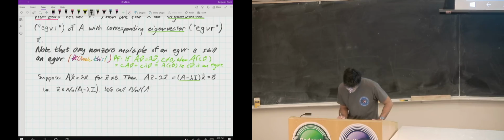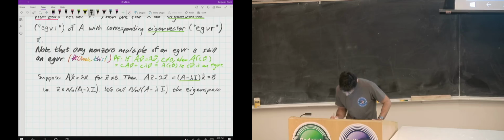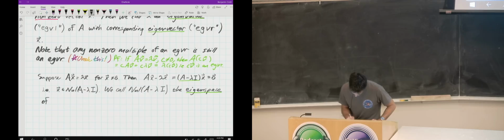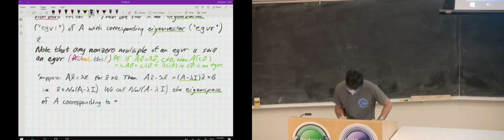The null space of A minus lambda I is the eigenspace of A corresponding to eigenvalue lambda.